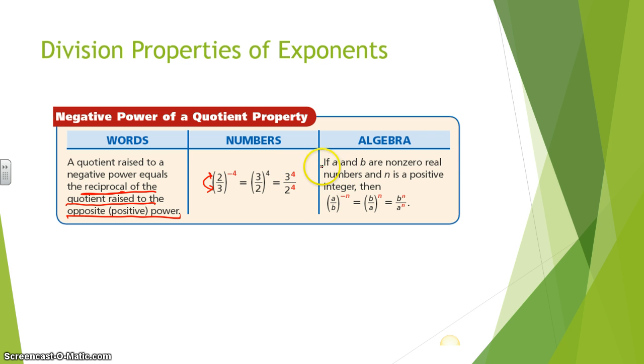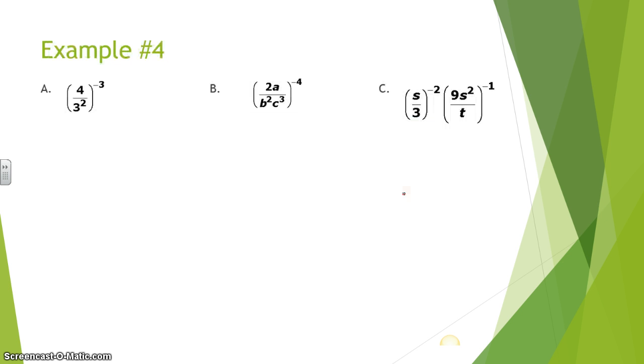The algebra behind this is if a and b are non-zero real numbers and n is a positive integer, then (a/b) raised to the negative nth power, we take the reciprocal, and the exponent becomes positive, so it's (b/a)^n, so b to the n over a to the n. So let's do some examples here. Looking at A, we have 4 over 3 squared raised to the negative third power.